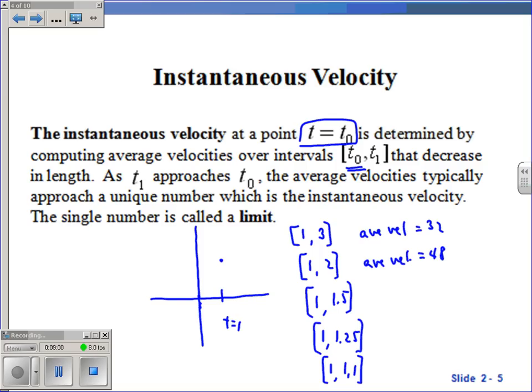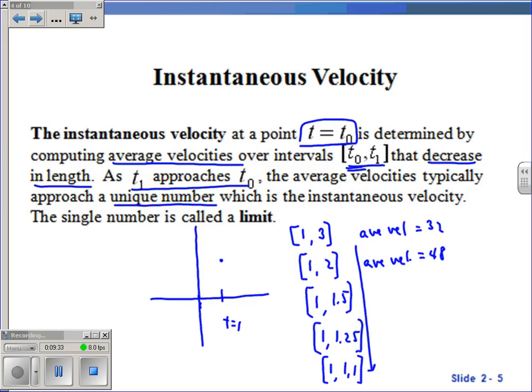So what you're going to do is take all these intervals, keep decreasing the width of them until you get closer and closer to that value t equal to 1. So as t1 gets closer and closer to t0, you look at average velocities over these intervals, t0 to t1, that decrease in length. Those average velocities will give you a unique number that's called the instantaneous velocity.